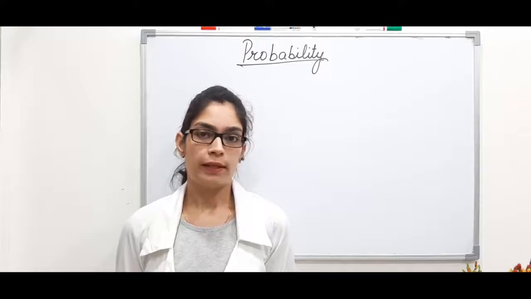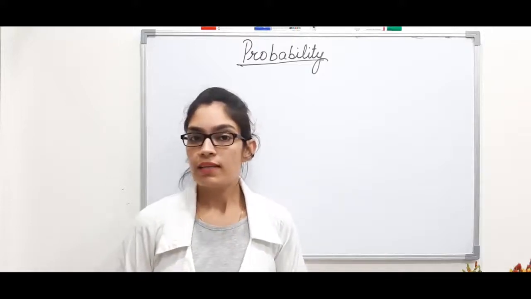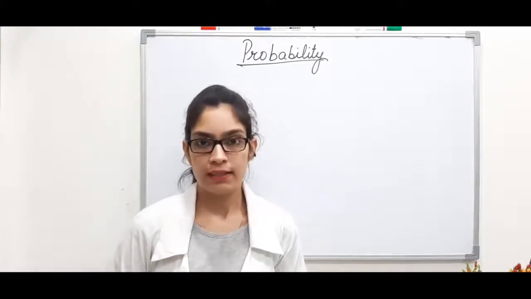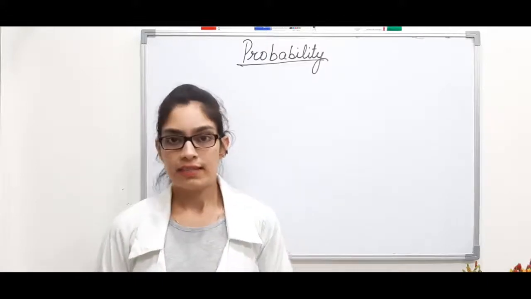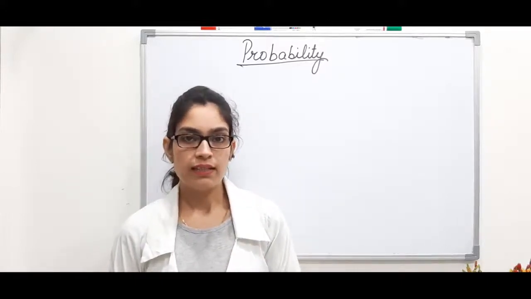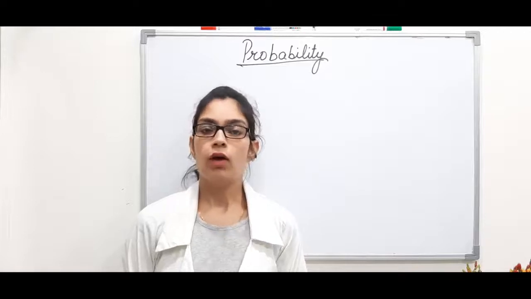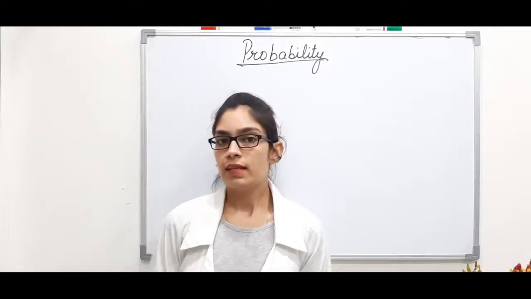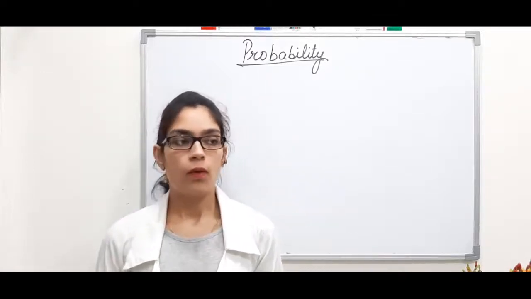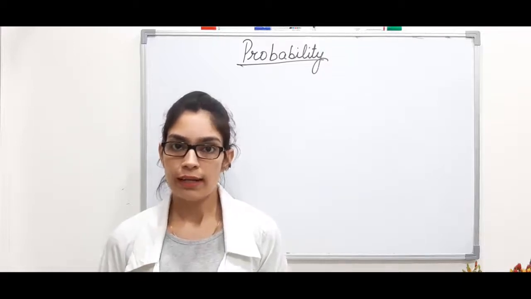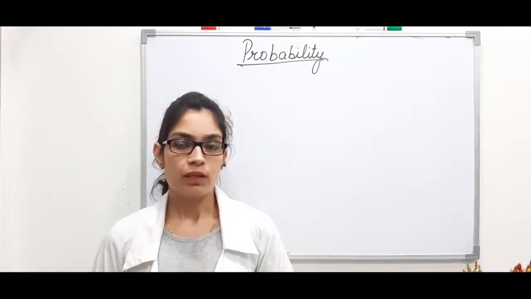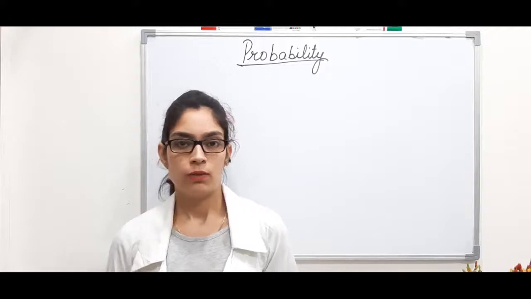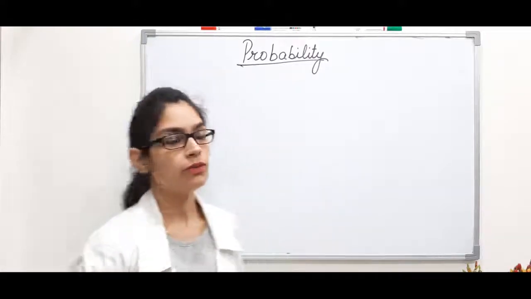What is probability? Probability is the degree of certainty, or if I say in simple words, it is the chance of happening of an event. Let's take a simple example. See, on looking cloudy day, I will say it may rain today. So what is this word may suggesting?